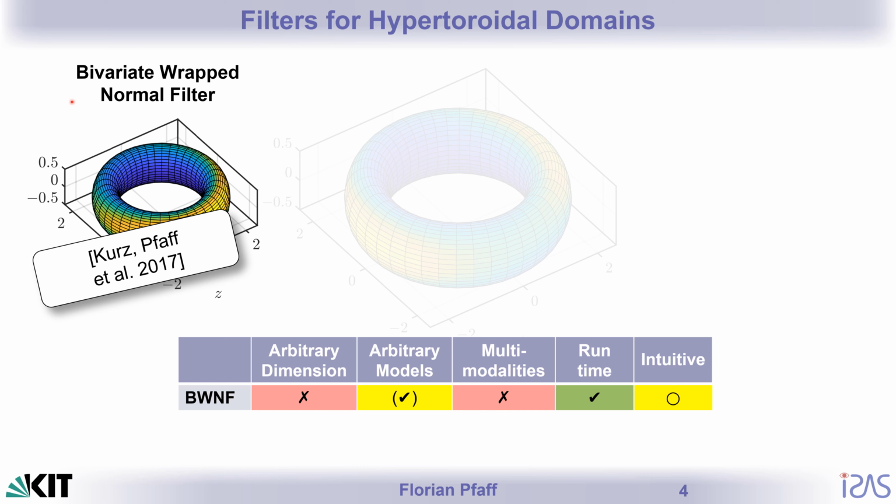It doesn't work for arbitrary dimensions. It can use almost arbitrary models with extensions for nonlinear models. It cannot account for multimodalities, but its runtime, for being a bivariate filter, is pretty decent. And it's more or less intuitive. It's somehow intuitive considering the densities, but it's less intuitive if you consider nonlinear extensions, which are a bit more sophisticated.